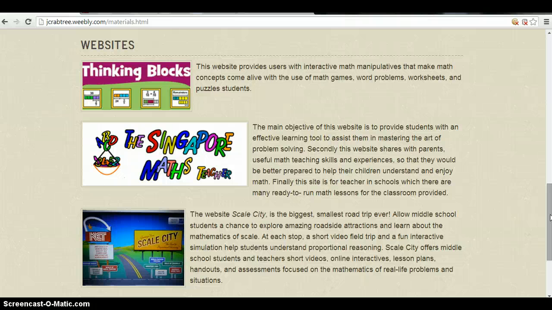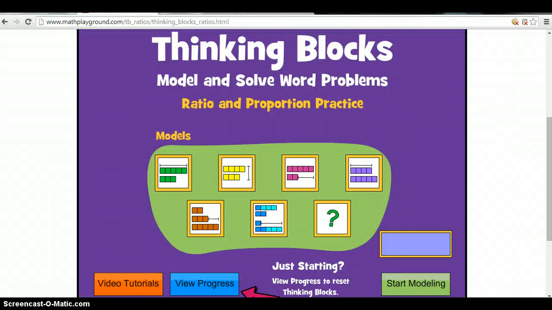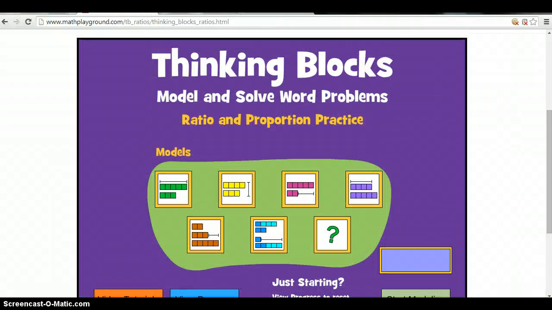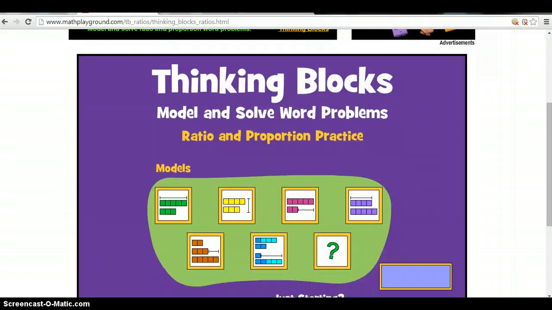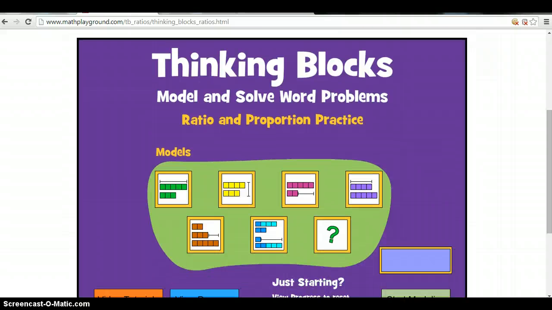next year. The first website is Thinking Blocks, which is actually a continuation of a different website, which is Math Playground. Math Playground is a website based through K through 6th grade, and they started Thinking Blocks to cover 6 through 12.